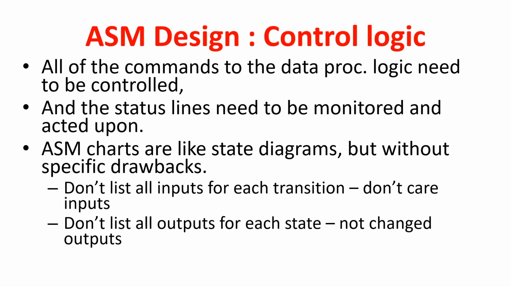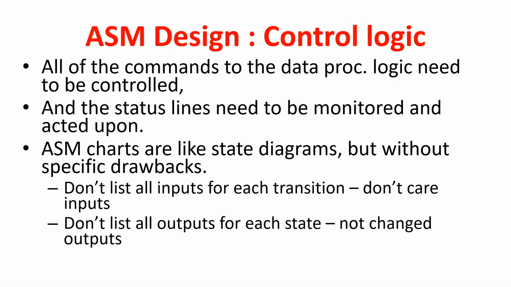This is the control path's work. Also, suppose the data path does some operations, then after doing the operations, all the status lines showing what happened need to be monitored, and based on that the FSM needs to act.